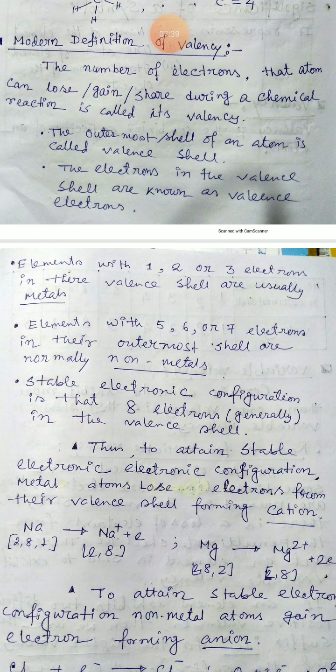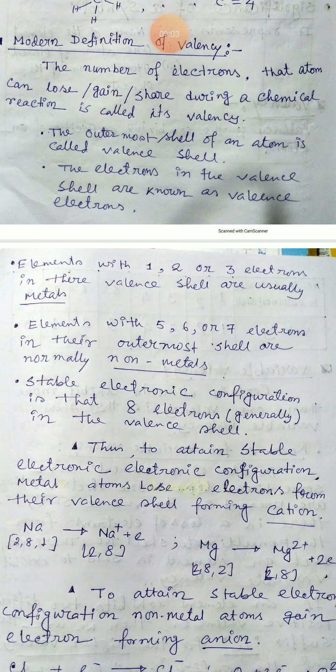Thus, to attain stable electronic configuration, metal atoms lose electrons from their valence shell, forming cations. Because metals have 1, 2, or 3 valence electrons, they want to get stabilized by attaining 8 electrons in their valence shell.